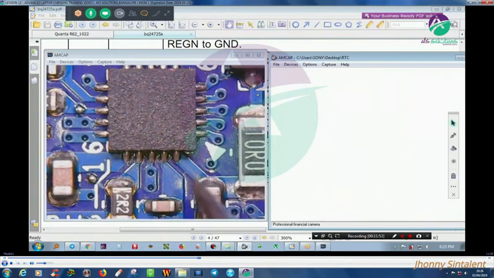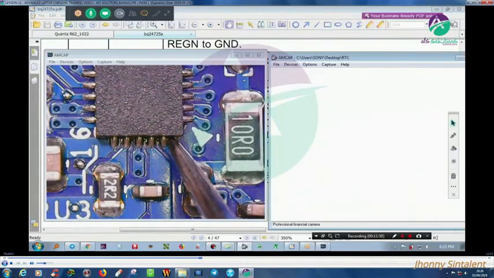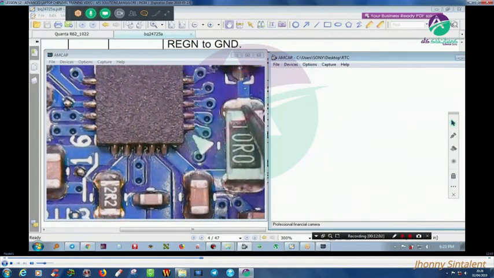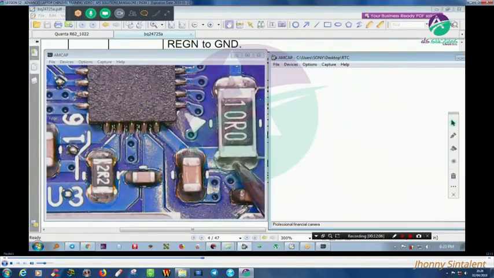So pin number 20, you can see I am keeping the probe at pin number 20. It is showing me 18.89 volts. So let me keep it at the resistor. It is showing me 18.89. Here also let me check. It is showing me 18.89.